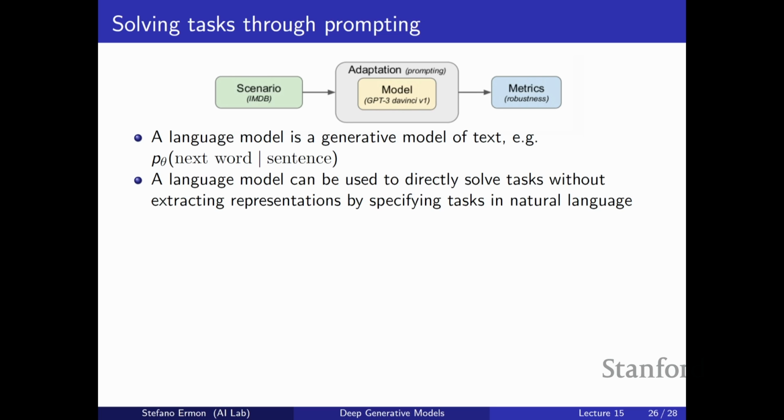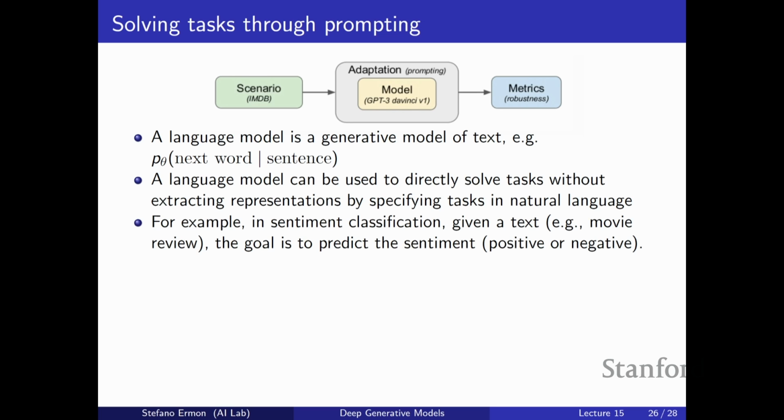So for example, let's say that you're doing sentiment analysis, where you're given, let's say, a review of a movie, and the goal is to predict whether the sentiment of that review is positive or negative. It's a classic NLP task. How would you use a language model to solve this problem?